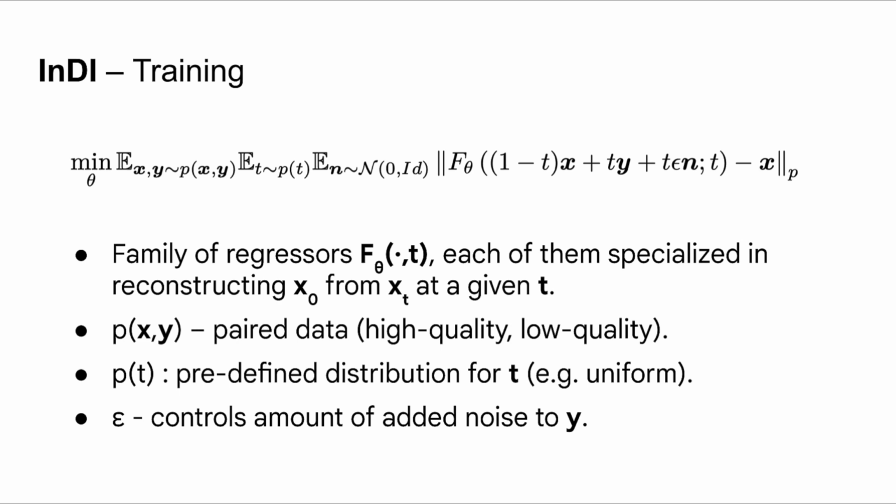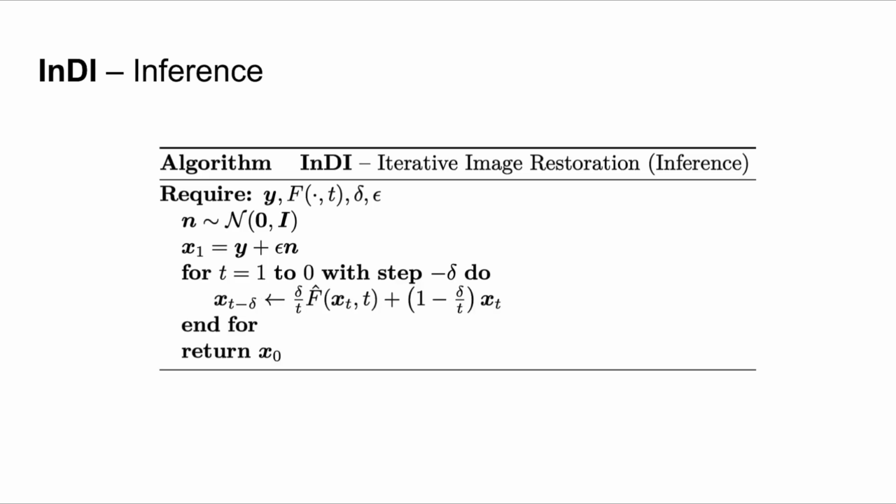Please check our papers for more details. Once we train the model, doing inference is straightforward. We start by adding some noise to the input and then just iterate the update rule till we reach time 0.